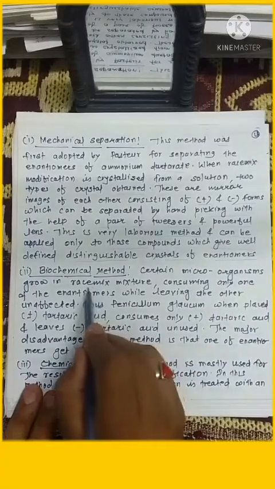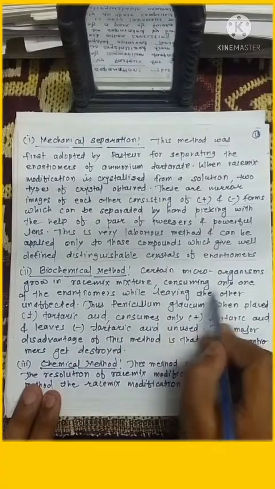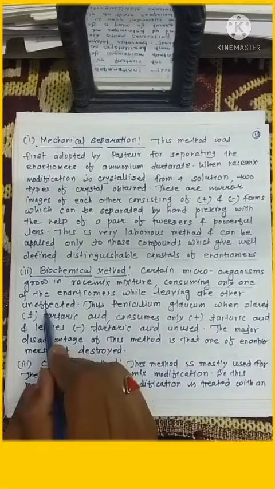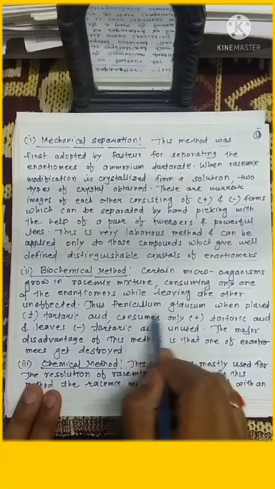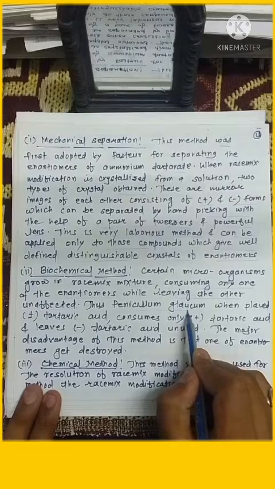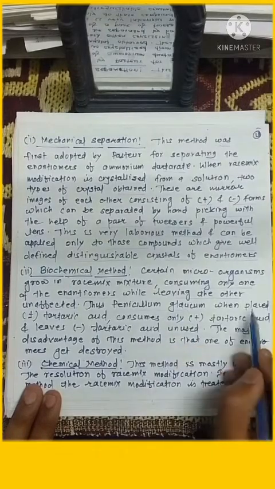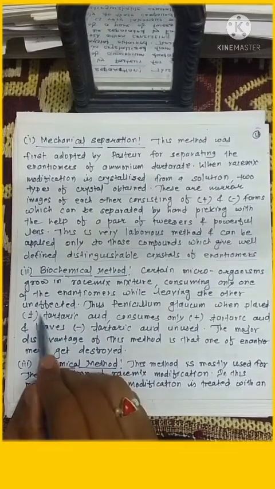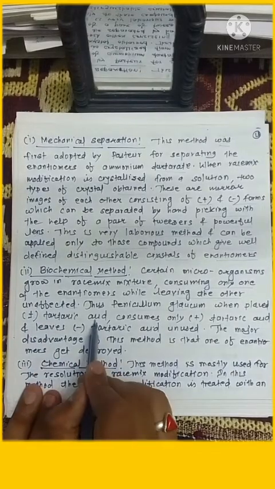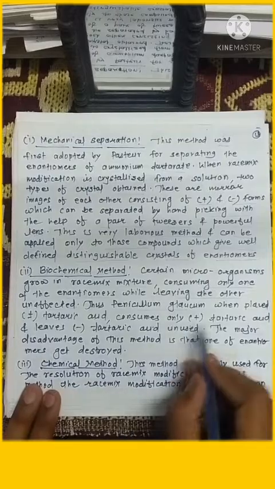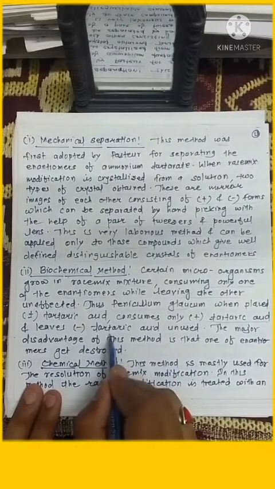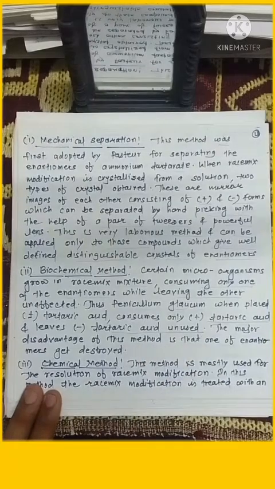Certain microorganisms grown in a racemic mixture consume only one of the enantiomers while leaving the other unaffected. Thus, penicillium when placed in plus minus tartaric acid, that is the racemic mixture of tartaric acid, consumes only positive tartaric acid and leaves negative tartaric acid unused.